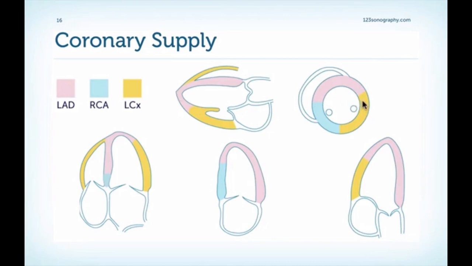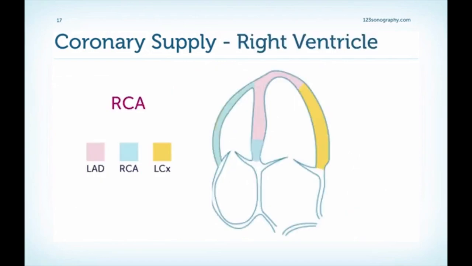But remember, we always have an overlap in these regions, and it depends very much on the size of the specific coronary arteries which portions of the myocardium are supplied by which arteries. In the parasternal long axis view, we see the same picture as we see in the apical long axis view. One last thing I would like to emphasize, the right ventricle is mostly supplied by the right coronary artery.